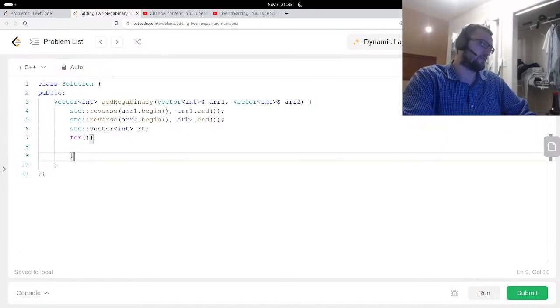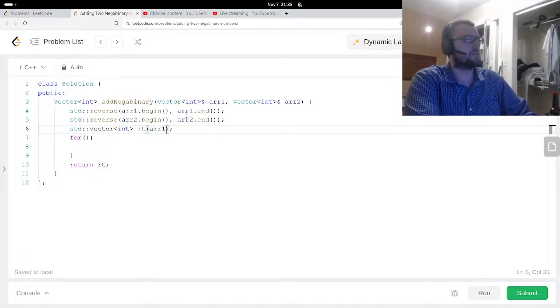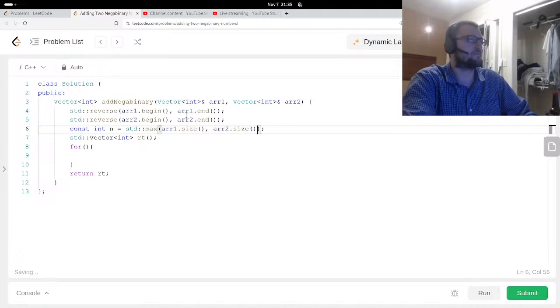Just say return for result, or RT, and you can convert that into an integer.